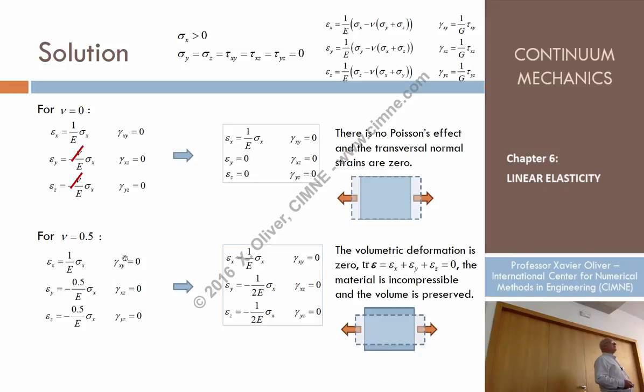Then steel is how many times? Typically 10 more times. So 300, 200, depending on the steel. And what about the Poisson ratio? 0.2 for concrete, and for steel? No, 0.3. Never 0.5.